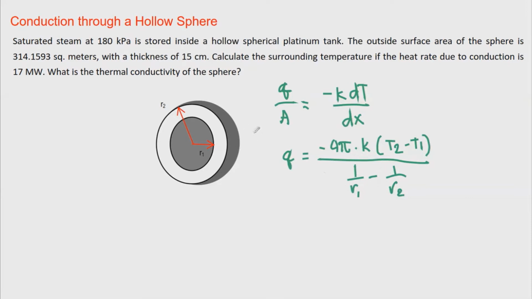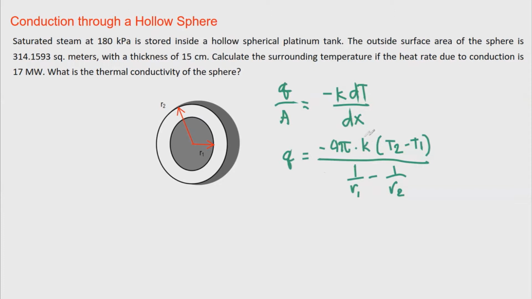We can obtain R1 and R2 from what is given here: the outside surface area of the sphere is 314.1593 square meters. With that, we can use the area of the sphere to find R. We will be able to solve R2 and then use the thickness to get R1. So we have no problem with those values.